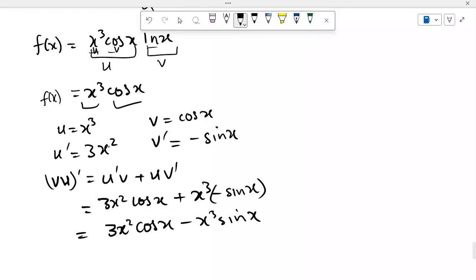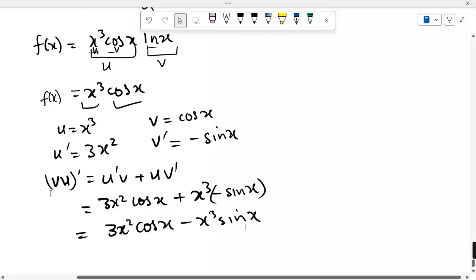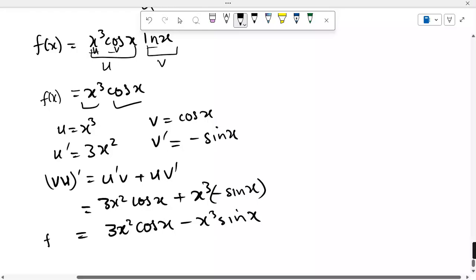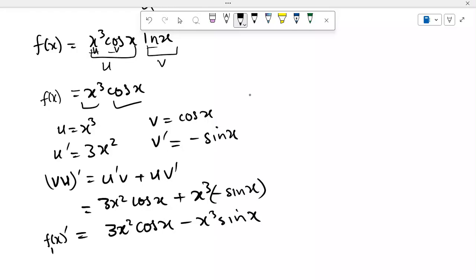Okay, mind you, this thing we are finding here, let's just write it as 1. This is just the u prime here. Hope you guys understand.